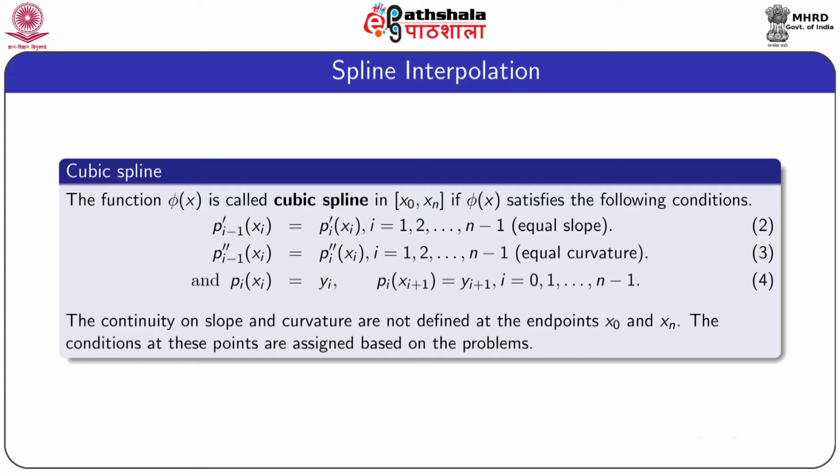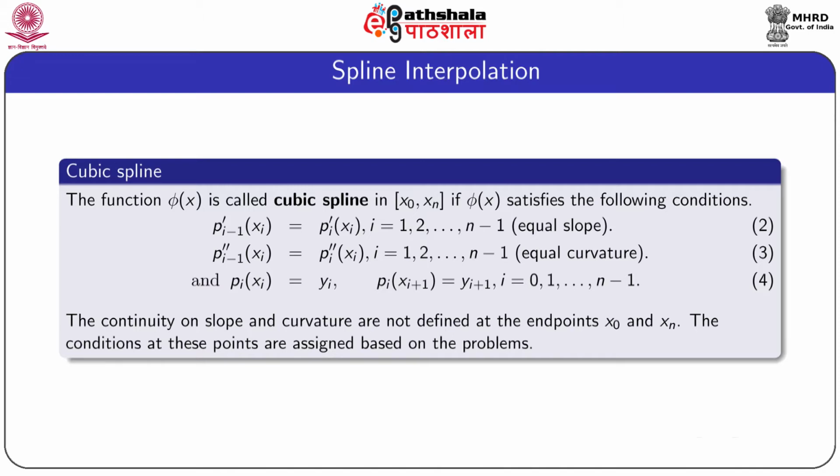This condition is called the equal curvature condition, because if the second derivatives are equal, then obviously the curvature must be equal at that particular point. The third conditions are the conditions for the interpolating polynomial, that are simply p_i(x_i) equal to y_i and p_i(x_{i+1}) equal to y_{i+1}. This is true for i equal to 0 to n minus 1.